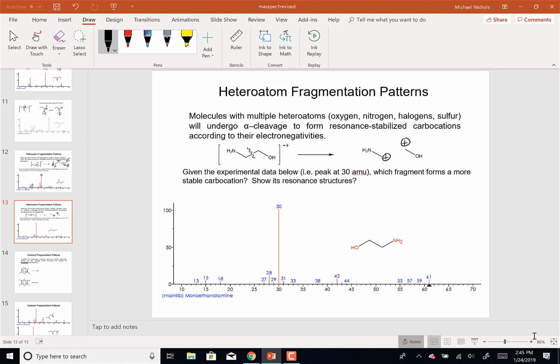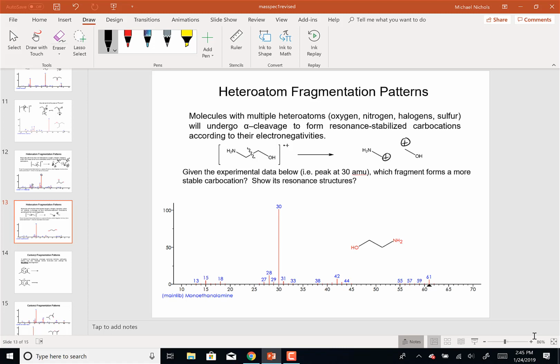Given those two carbocations, which one do you think right at the moment is more stable? What do you think? How many people say that the nitrogen carbocation is going to be more stable? The oxygen one's going to be more stable. Everybody else?